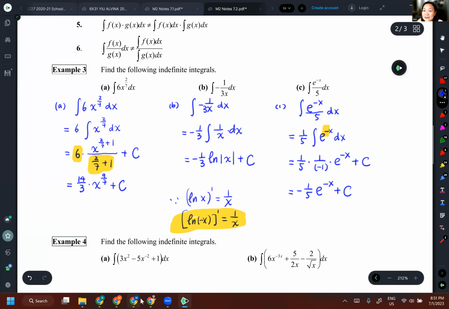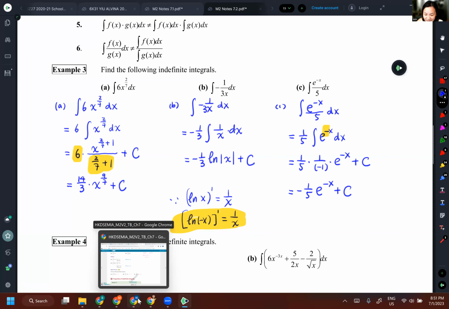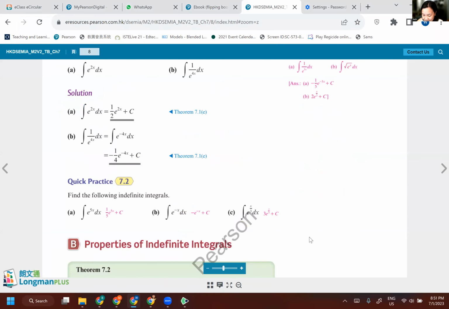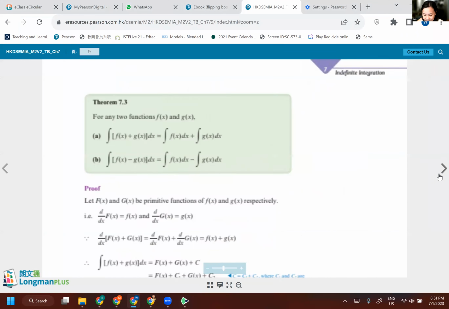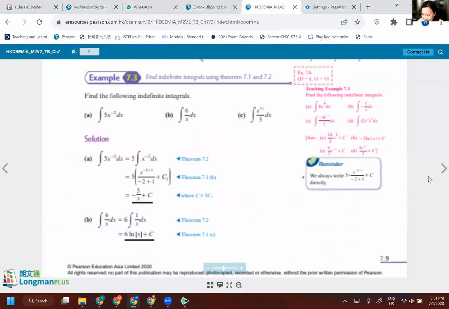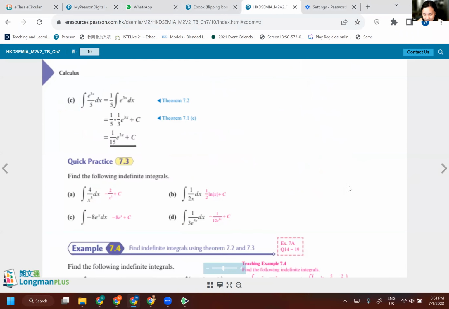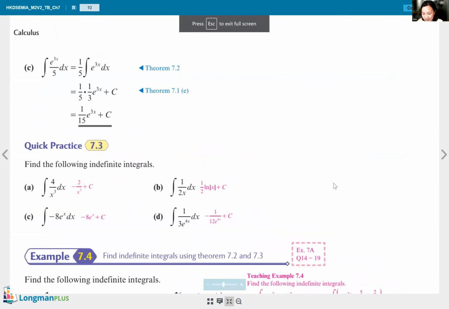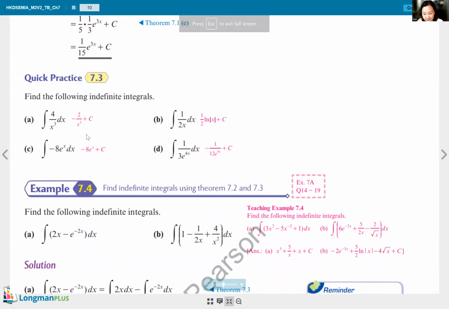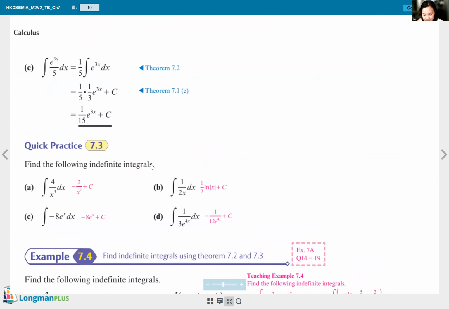Now let's go to the textbook and do the exercise there. Example 3. Again, I show you the answer right away. There. Page 10. Let me know when you are done.